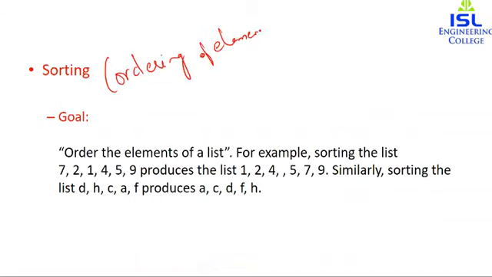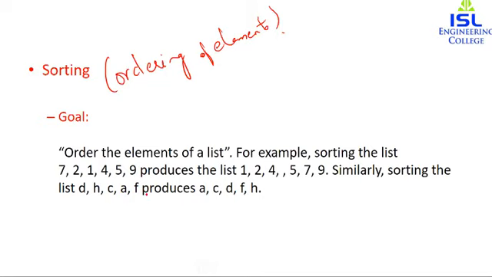For example, when we are sorting the list 7, 2, 1, 4, 5, 9, we just put these numbers in increasing order. Similarly for sorting of alphabets. In this topic, we will study two sorting techniques: one is bubble sort and the other is insertion sort.